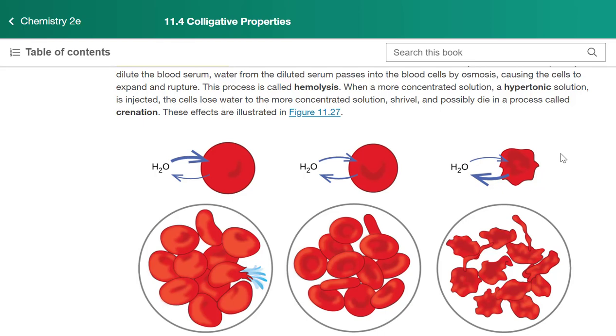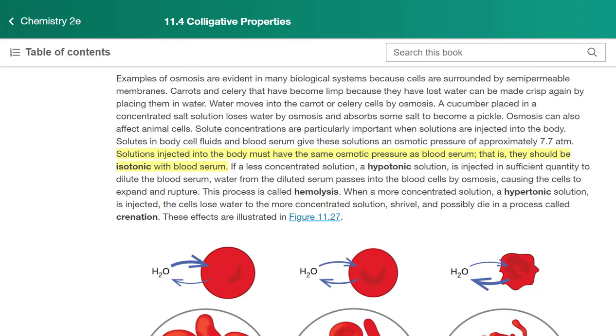So if it's in your stomach, water is coming out of the surrounding tissue into your stomach, and now you have a bunch of water in your digestive system, which is what leads to people getting sick. So that's why we don't drink seawater. It's a similar idea to why we use isotonic solutions when we inject people. So some applications there to the healthcare field.